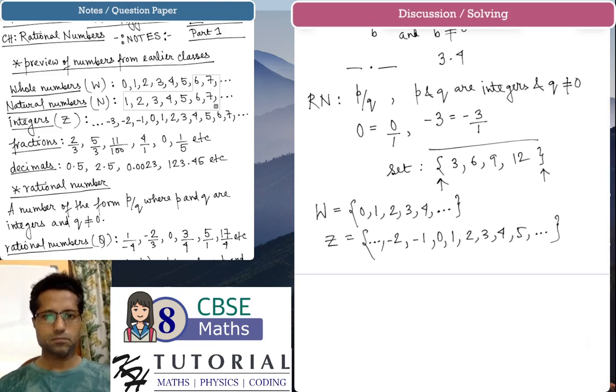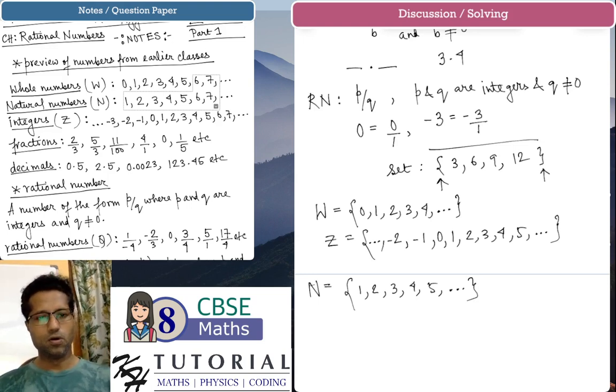The collection of integers is denoted by the letter Z, the collection of whole numbers by the letter W, and the collection of natural numbers by the letter N, which is 1, 2, 3 and so on. The letter Q is used to denote the set of rational numbers.